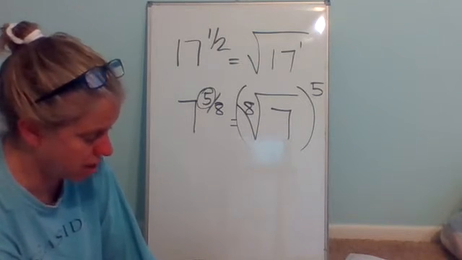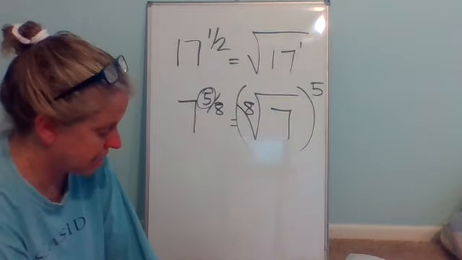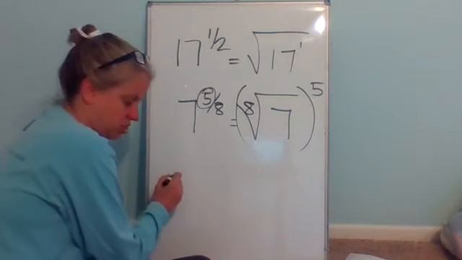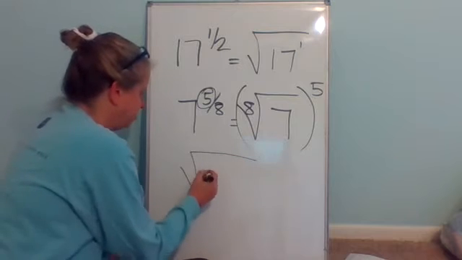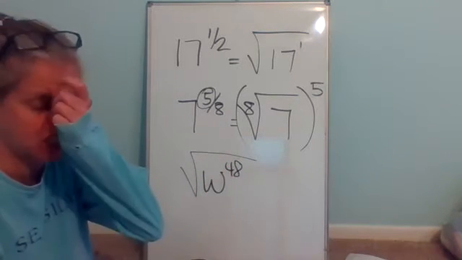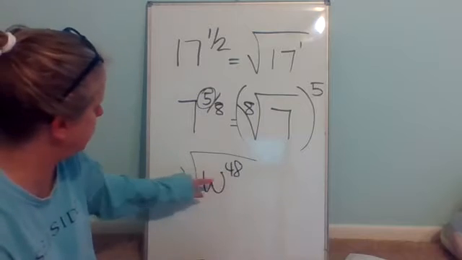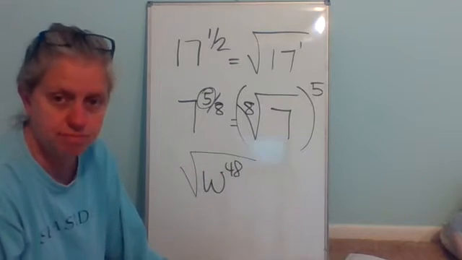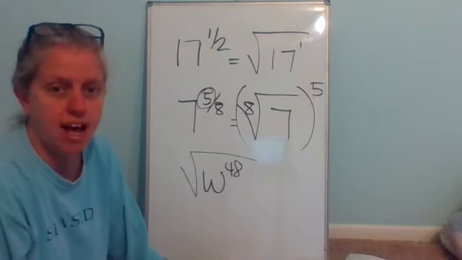Last one of 10.2. It says simplify by first converting to a rational exponent. I'm actually not even going to do that. This is something new, right? I'm taking the square root of something with an exponent. Here's your shortcut.